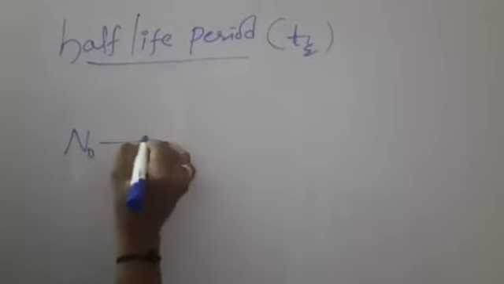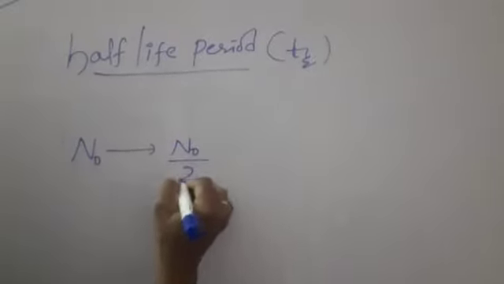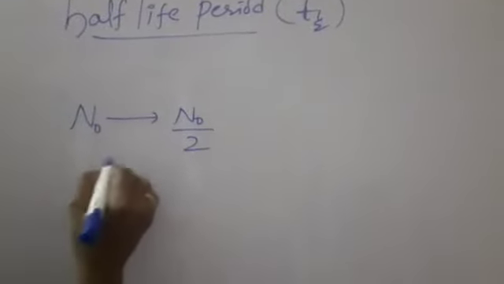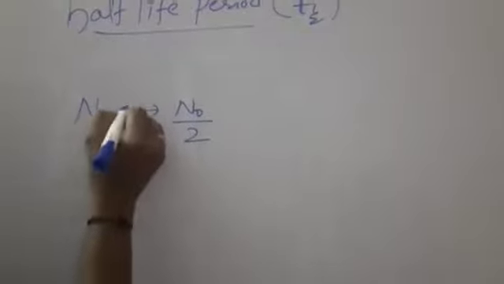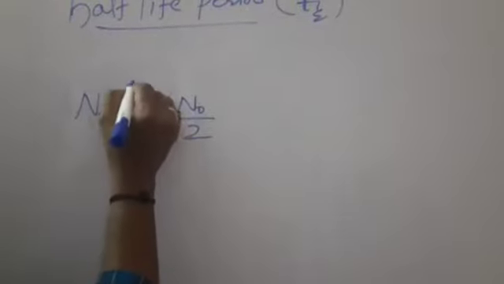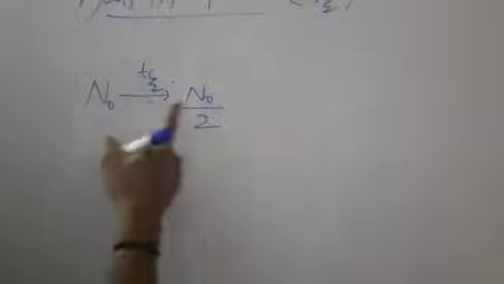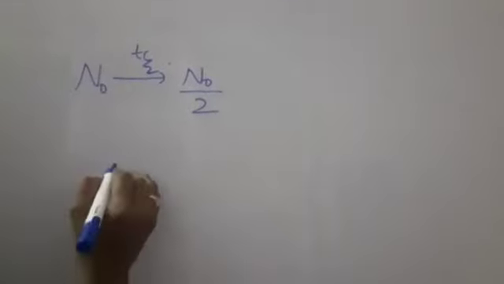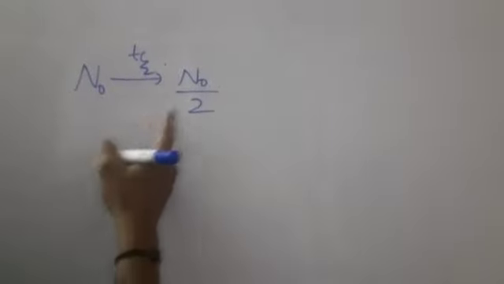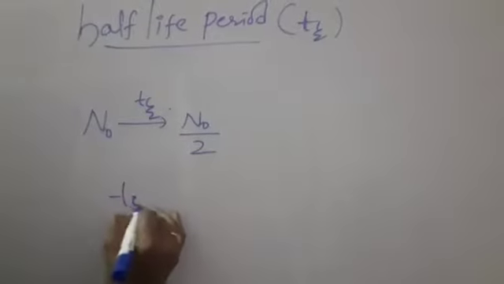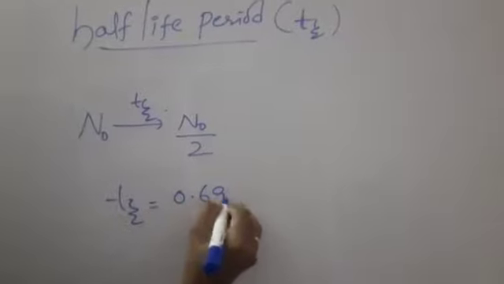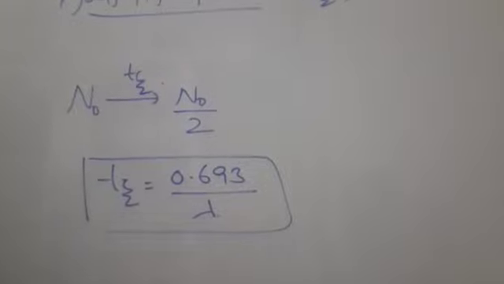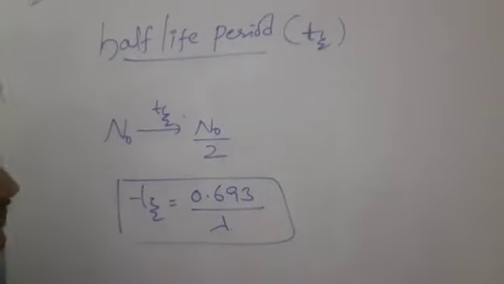The initial number of nuclei is N naught, and the time taken to become N naught by 2 is the half-life time, that is, half of its original value. Therefore the half-life time t half is equal to 0.693 divided by lambda. This is the half-life period formula.